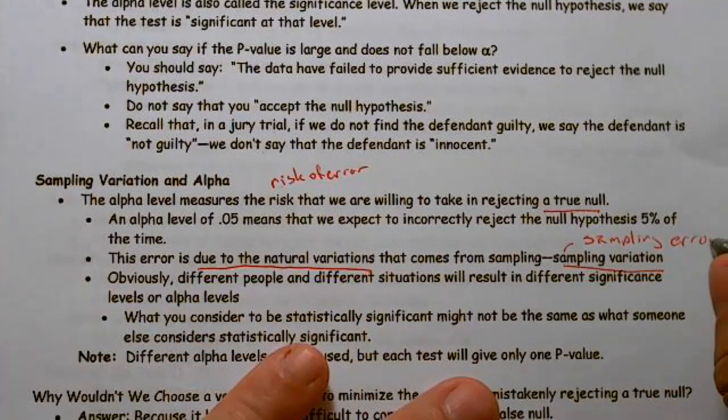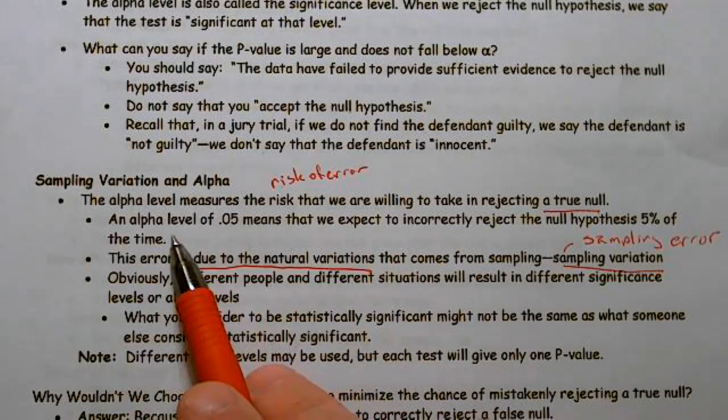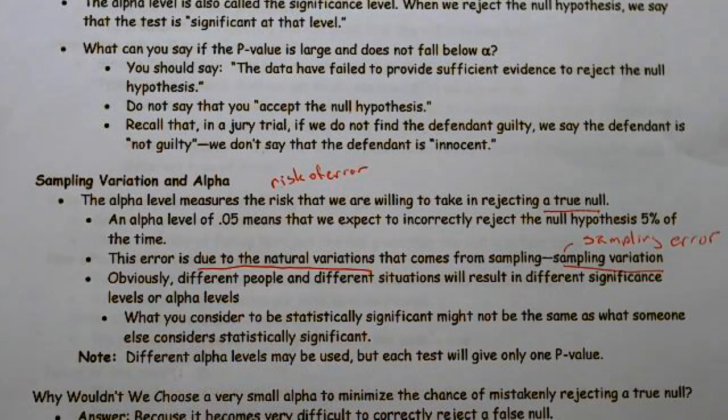We discussed this earlier in the year. Sampling error represents a natural variation that occurs due to randomness, and because every single sample is different, we have variation, and sometimes instead of sampling variation, we refer to it as sampling error. And due to that, we're going to have a risk of rejecting when we shouldn't, and that risk is going to be our alpha level that we just preset.